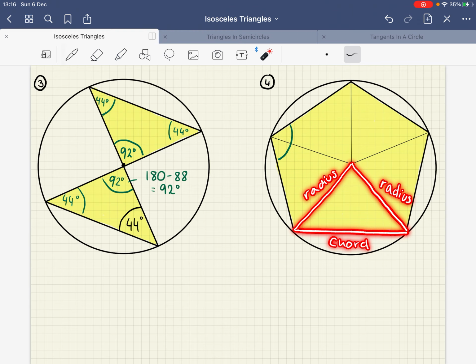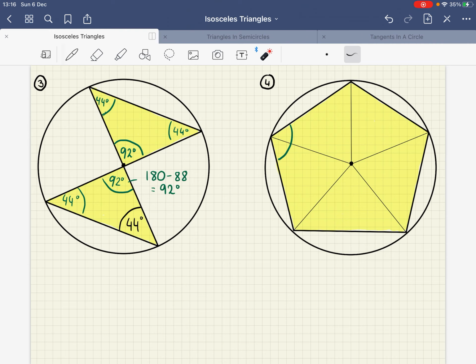Now what I need to do is figure out what one of my angles is. And the key thing is to focus on the center. If we recall, angles in a center, angles in a circle, all add up to 360 degrees. So I just need to find out this little snippet.